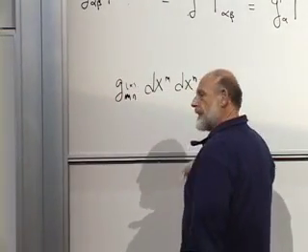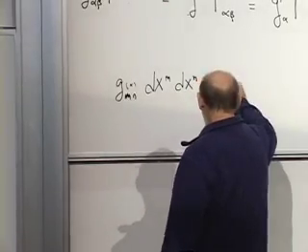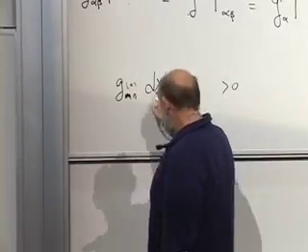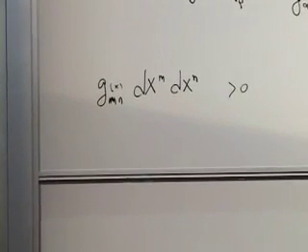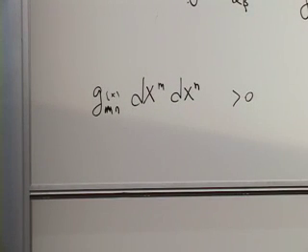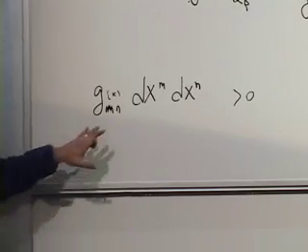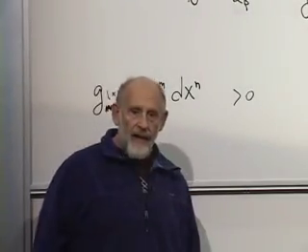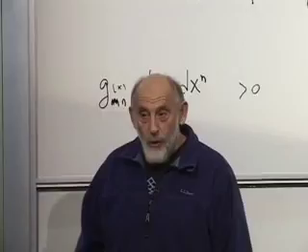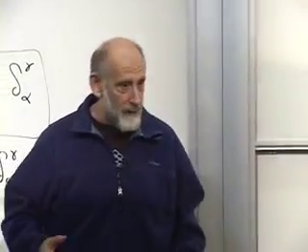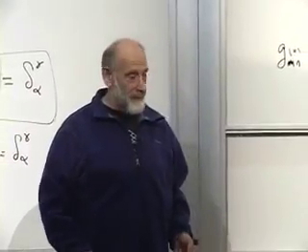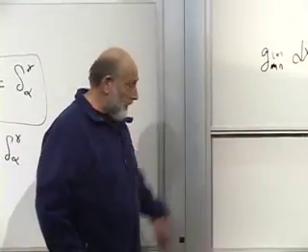This must always be strictly greater than 0. The dx's could be small, they don't have to be infinitesimal, just small. Think of them as just small little components of vectors. Every vector has a positive squared length. The square of any vector is always positive, and so this has to be greater than 0.